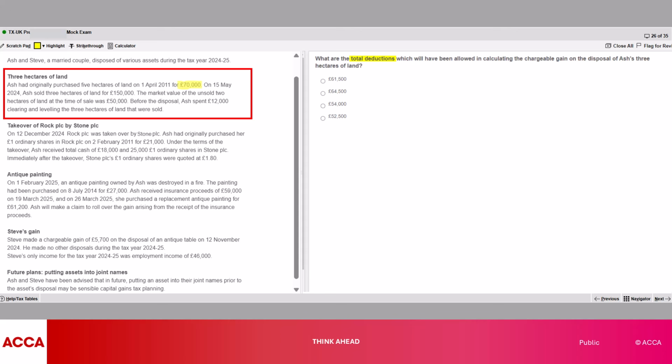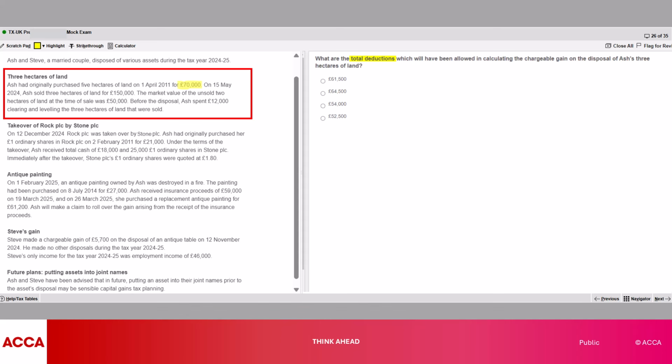And the idea is that we can only deduct part of the cost because only part of the land has been sold. Be careful, the number of hectares is totally irrelevant. When you have a part disposal, you multiply the cost by A over A plus B, where A is the value of the part that's been sold, so that will be the £150,000, and B is the value of the remainder.